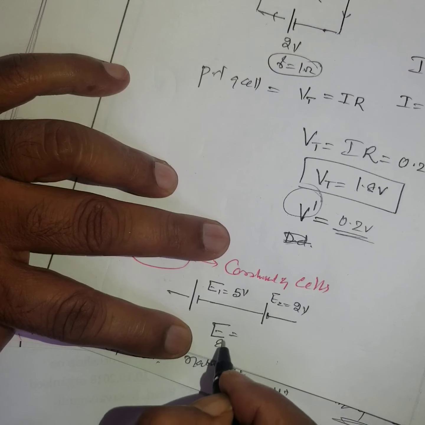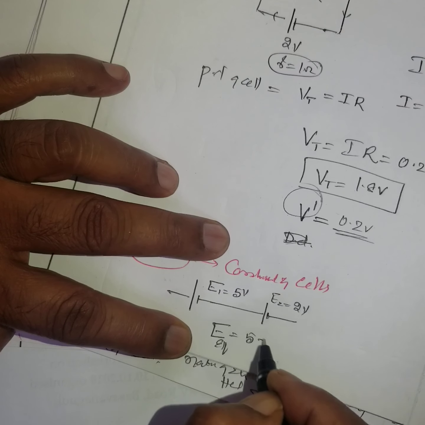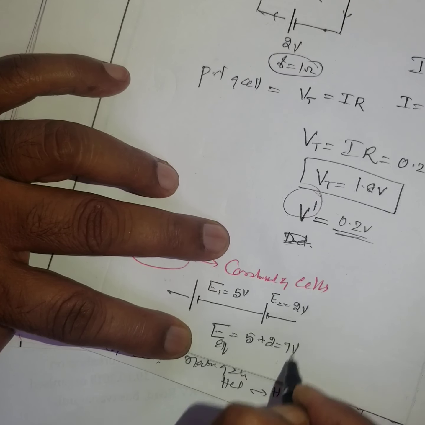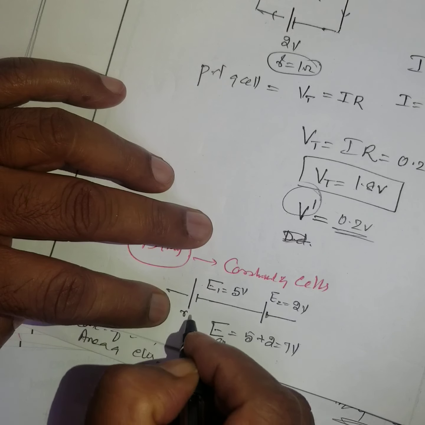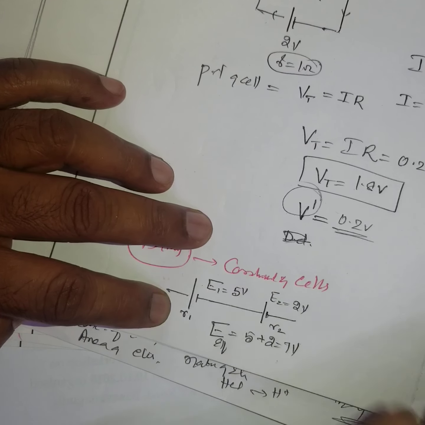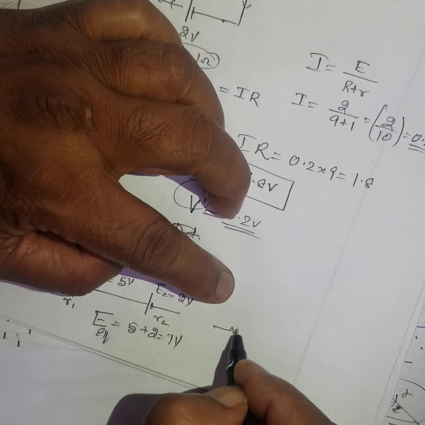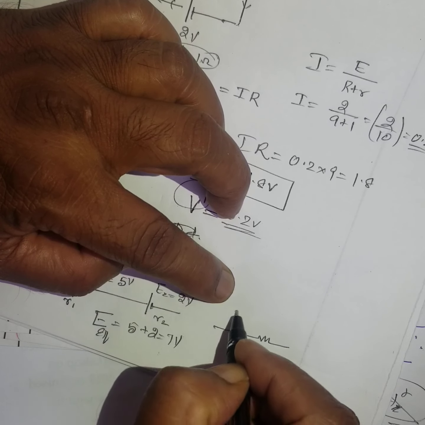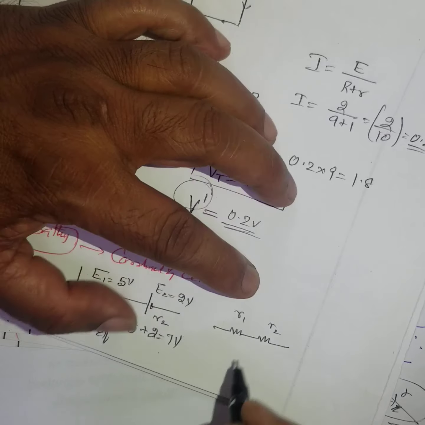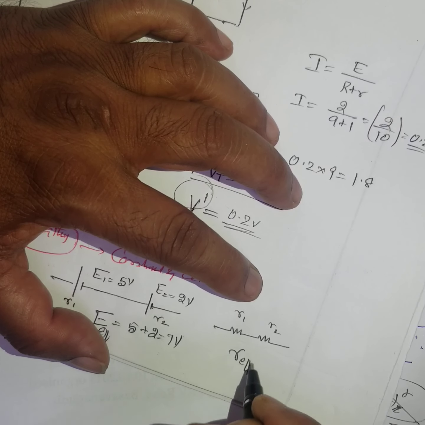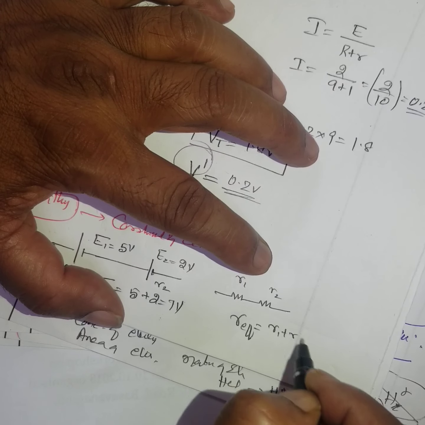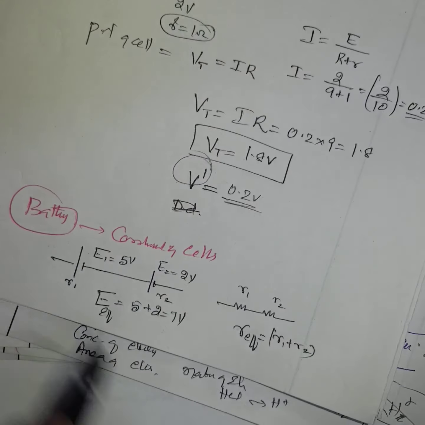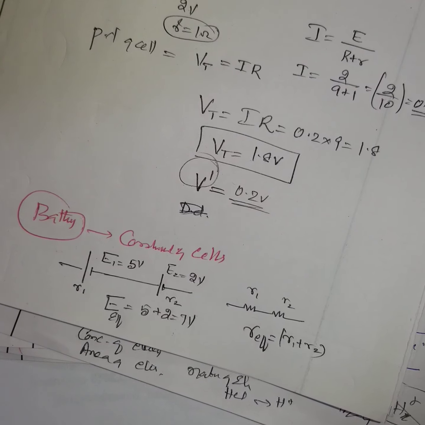Effective EMF is equal to 5 plus 2, 7 volt, in series. Here what is the internal resistance? R1, this is R2. That means internal resistances R1 and R2. Therefore, what is the effective internal resistance? R1 plus R2. Can you follow? Understood or not?